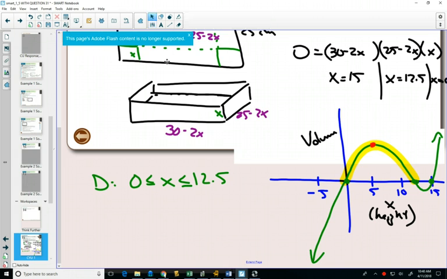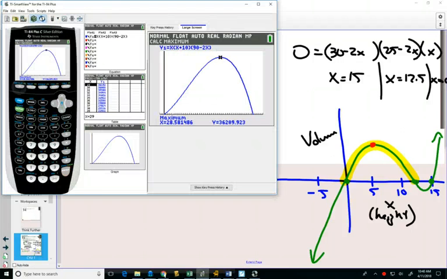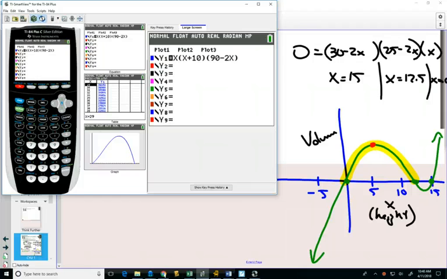So once again, this picture helps us to set up our graphing calculator. We can go to our calculator and type in our equation. And now when we go to graph this, we're going to want to see our window from probably -5 to 15 on our x-axis.